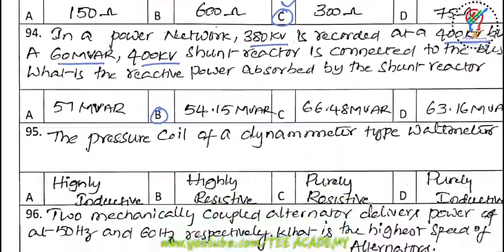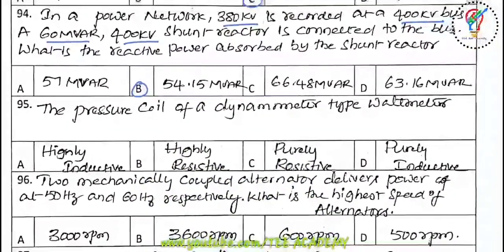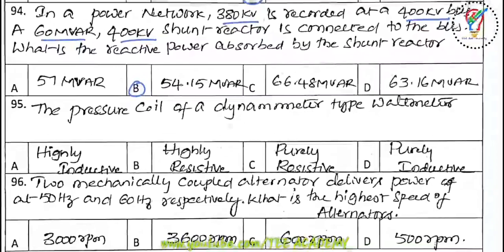Okay, next one. The pressure coil of a dynamometer type wattmeter should be highly inductive. So highly inductive means answer A will be the right answer.